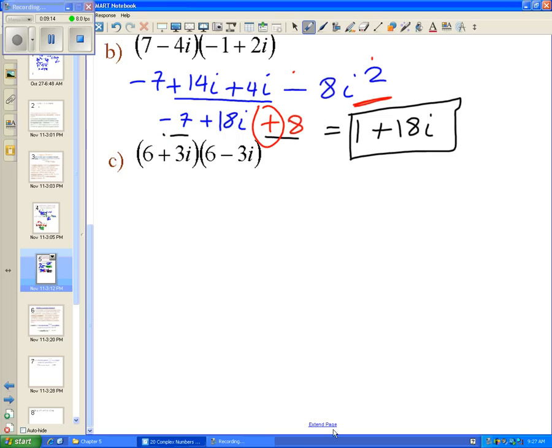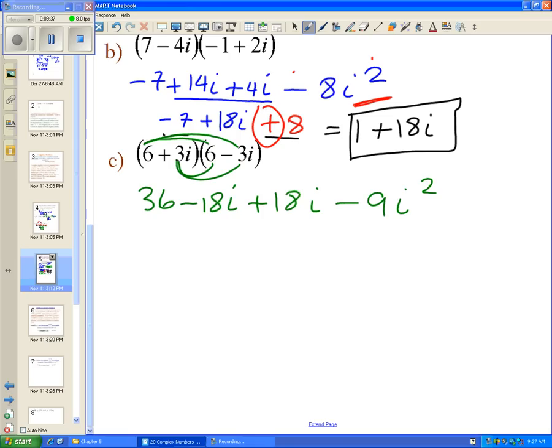For FOIL, first, 6 times 6 is 36. Outer, 6 times negative 3i is negative 18i. Inner, 3i times 6 is positive 18i. And last, 3i times a negative 3i is negative 9i squared.